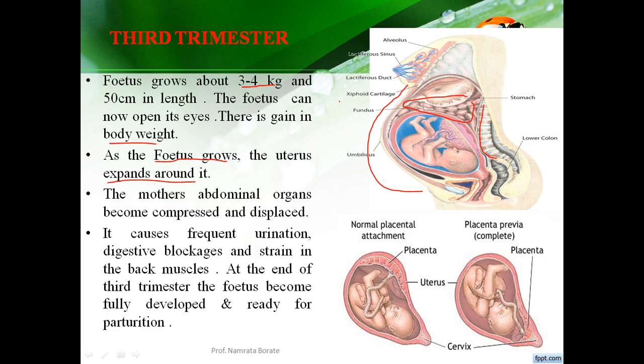This causes frequent urination, digestive blockage and strain in the back muscles. At the end of the third trimester, the fetus becomes fully developed and is ready for parturition.